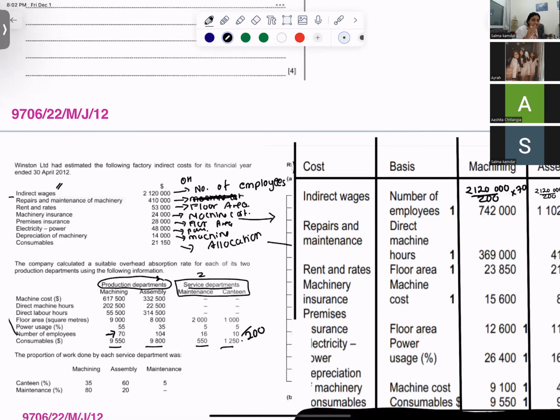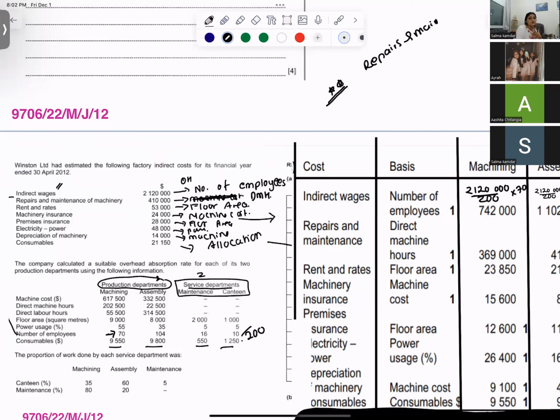Write it as a note for you: whenever you have repairs and maintenance of machinery, the repair will happen based upon the use. So if you use more, there will be more repairs. If you use less, there will be less repairs. So repairs and maintenance of machinery, you will divide upon direct machine hours.